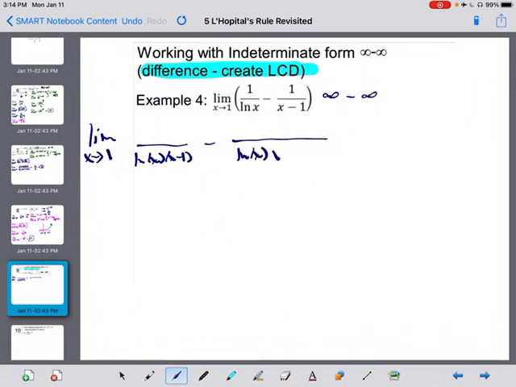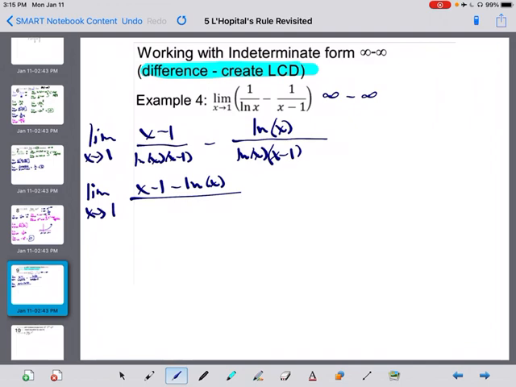And then this should be x minus 1 up top, and this should be ln of x up top there. And then I'll put it together as one fraction. It should look like that.